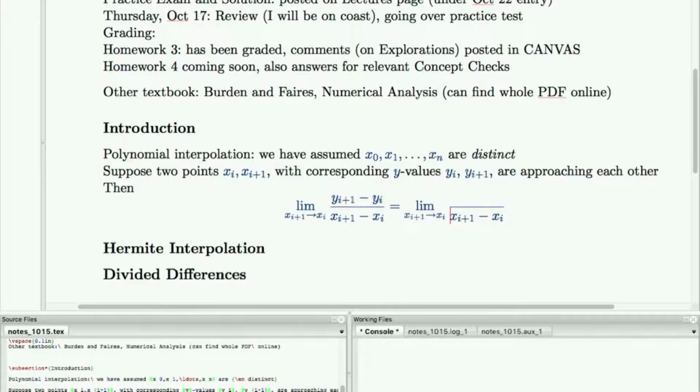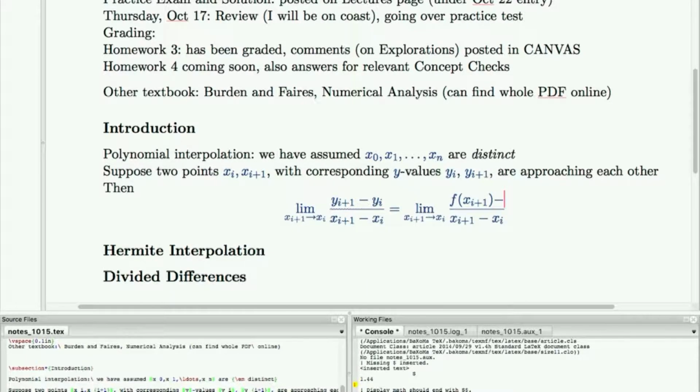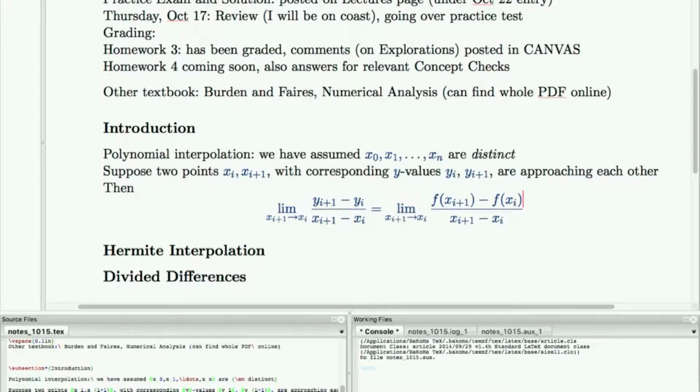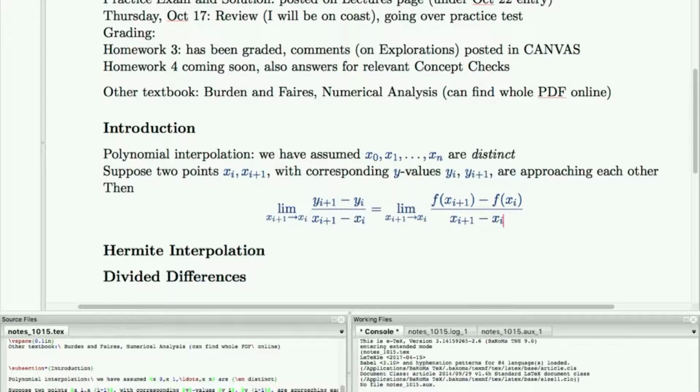So I could write it this way: f of xi plus 1 minus f xi. So what is this converging to? Anyone from Cal 1? Take a guess. I think someone said it?